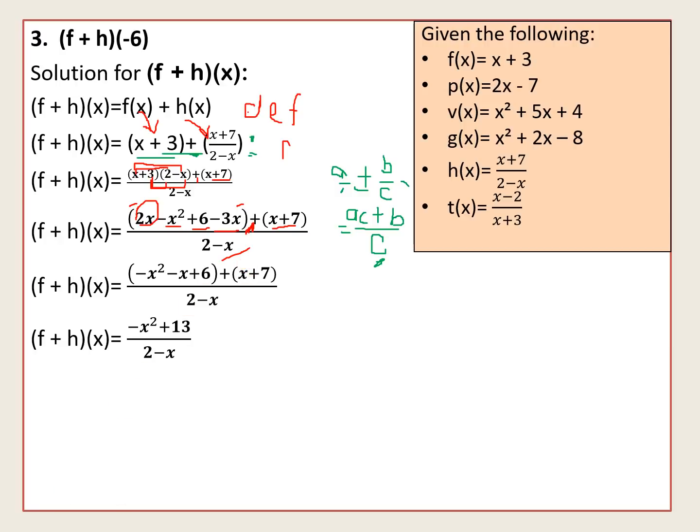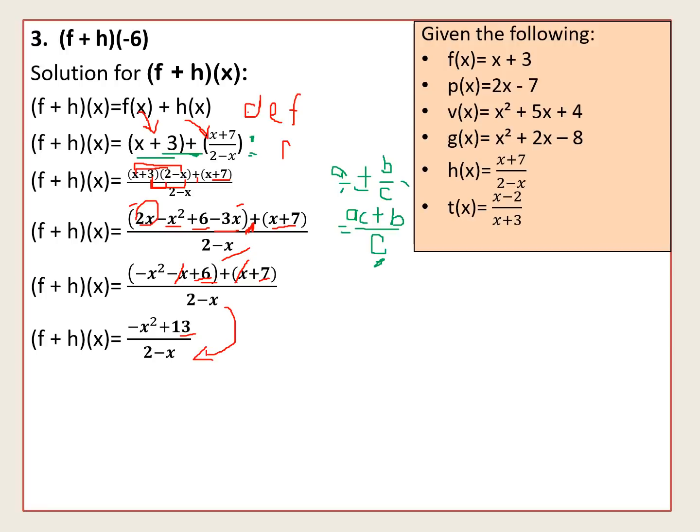Tama? Kasi makakancel po ito at saka po ito. Okay? So, next naman is positive 6 plus positive 7. So, we have positive 13. Then, copy the denominator.